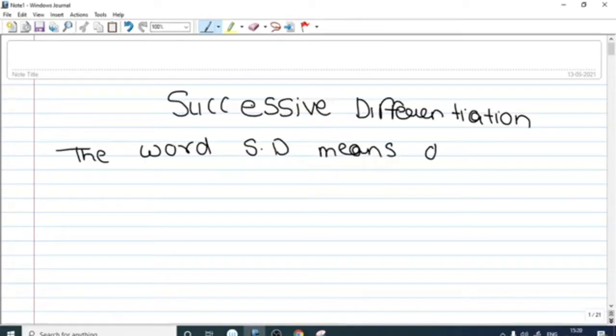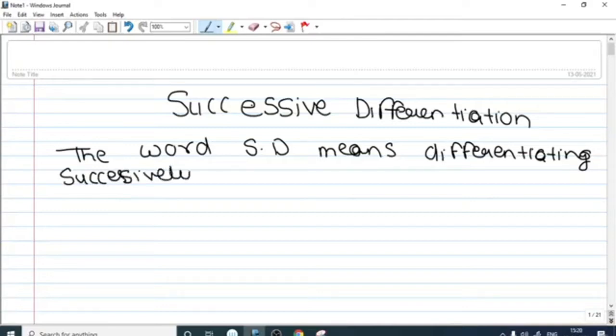Differentiating successively n times a given function.